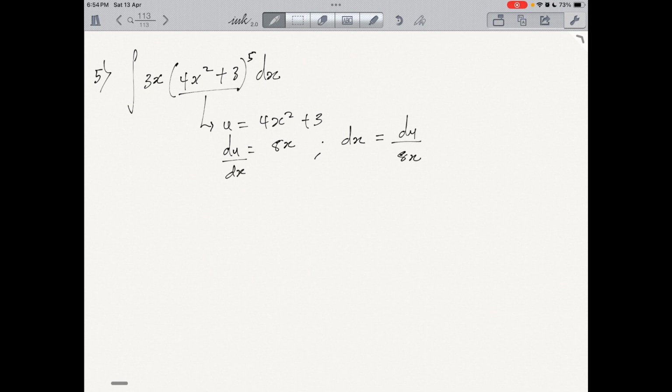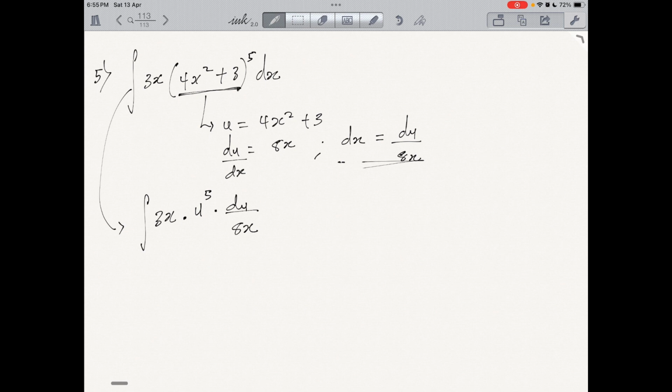So let's rewrite the question using variable u. So we have 3x, then we made a substitution of 4x squared plus 3, and that will give us u raised to the power 5. And our dx is now du over 8x.